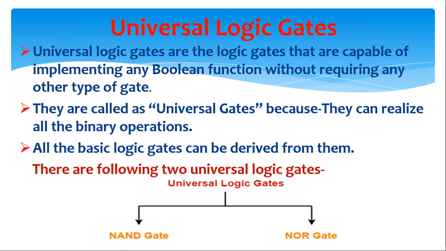NAND and NOR gates are called universal logic gates because all the basic logic gates, that is AND gate, OR gate and NOT gate, can be derived from NAND and NOR.